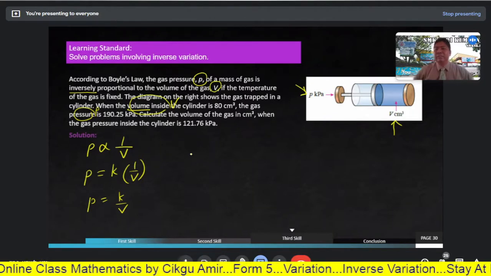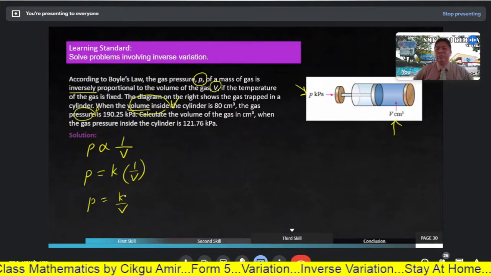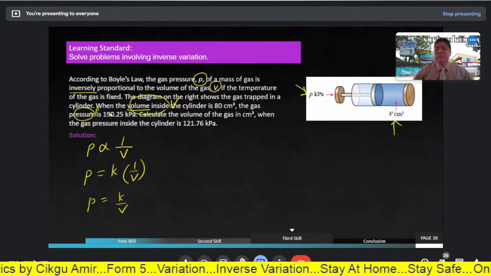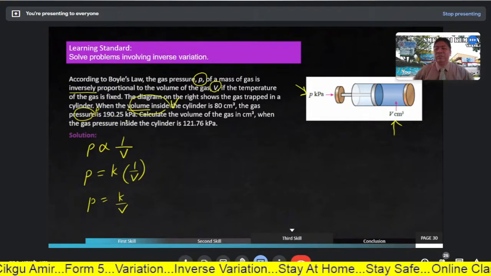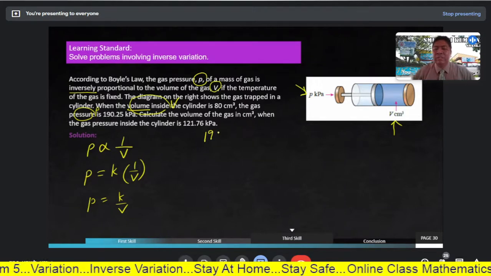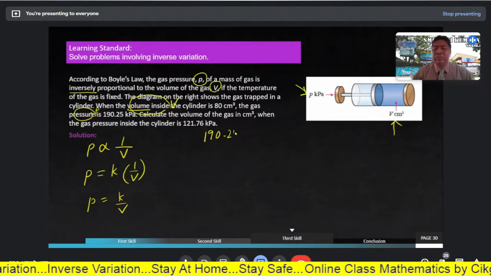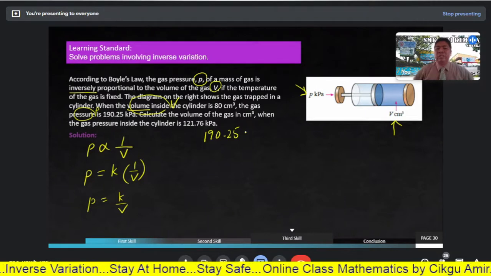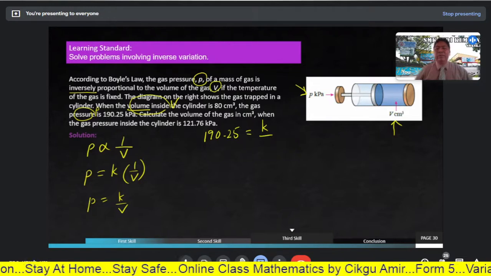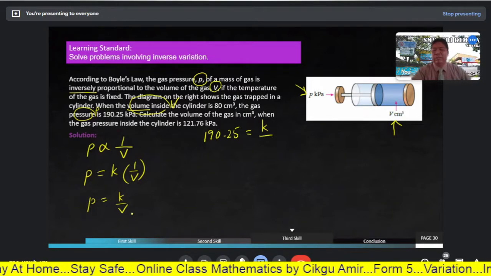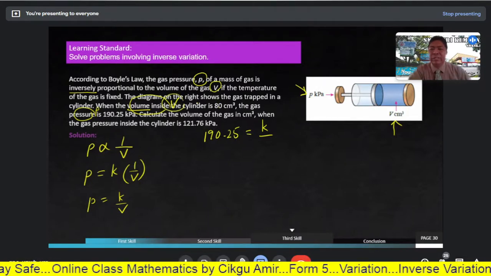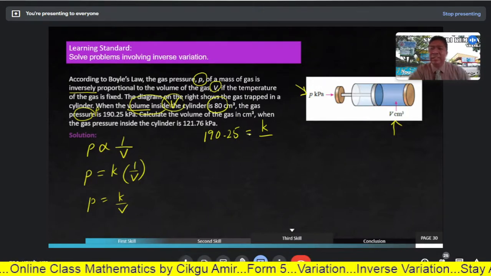The third step, substitute the value. We have V is 80 and P is 190.25. So 190.25 equals k divided by V, and the value of V here is 80.